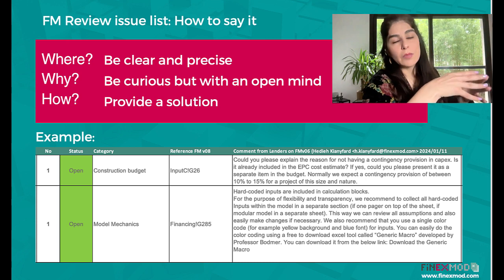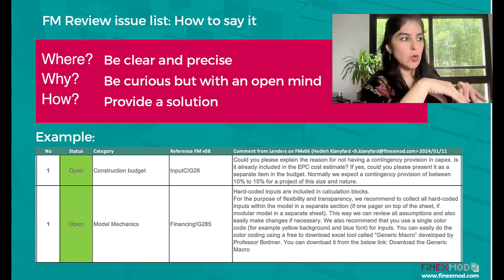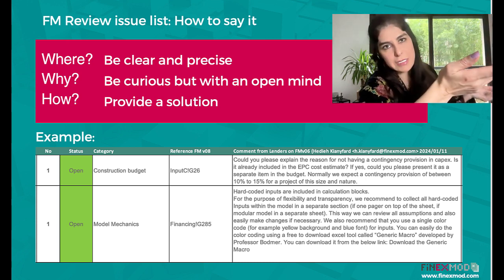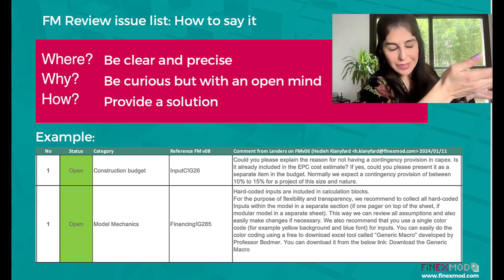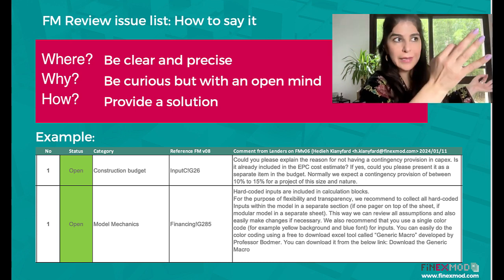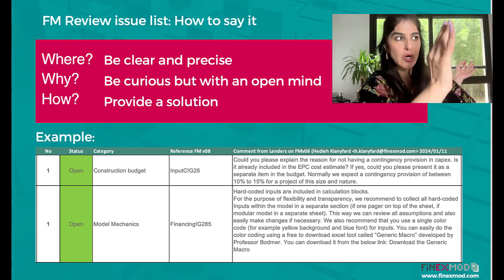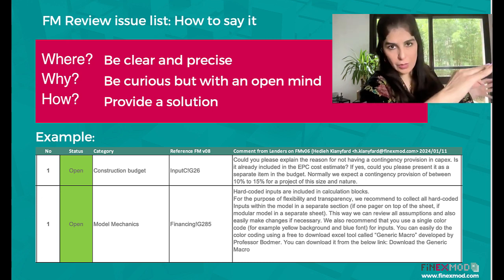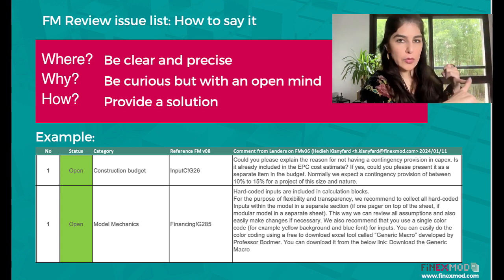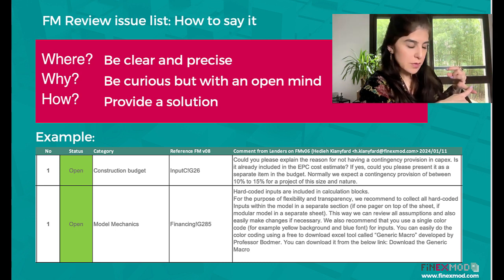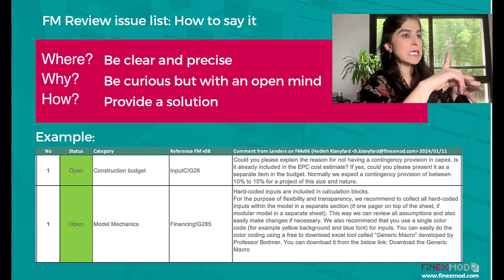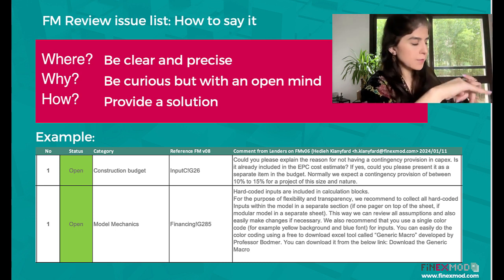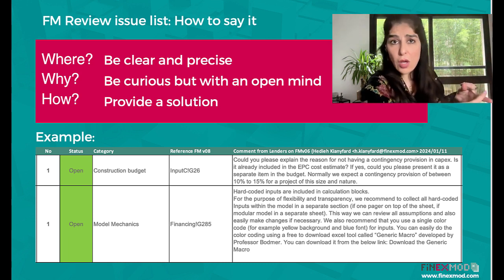But if they did something wrong, for example hard coding within formulas, then you can skip the why question. You just tell them why you think it's wrong to hard code inputs within formulas. So you tell them where you found the hard coding in the model, the reference, why you think it's not good to hard code within formulas, for the purpose of transparency and flexibility and all that, and how to resolve it.